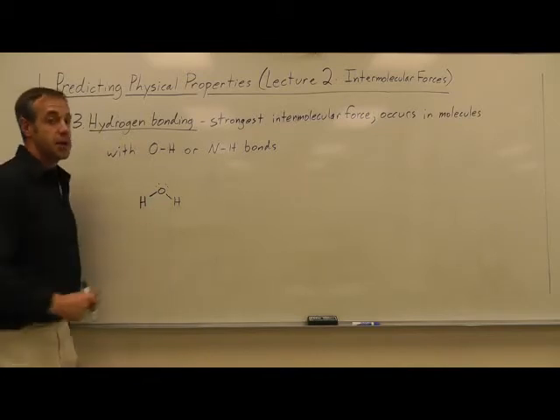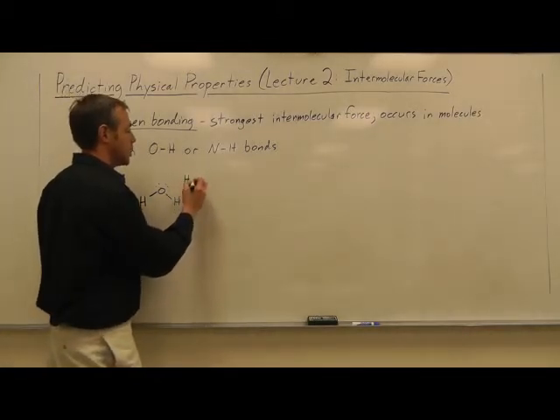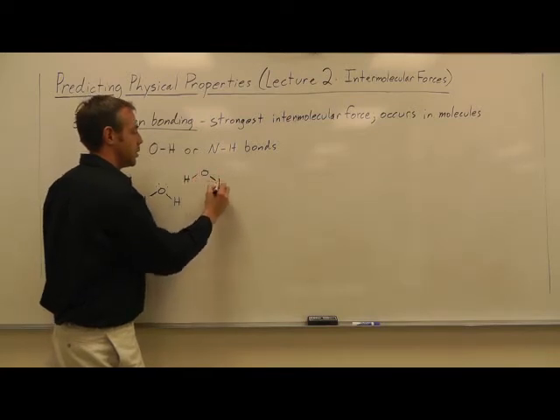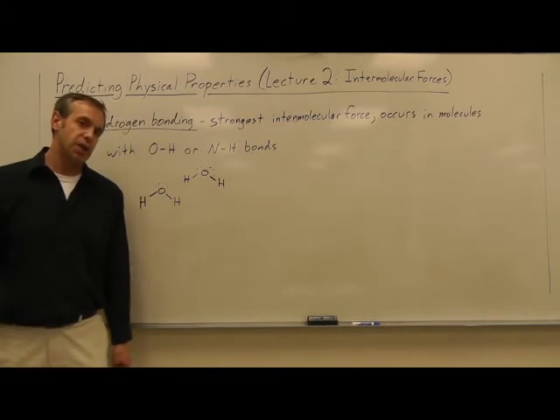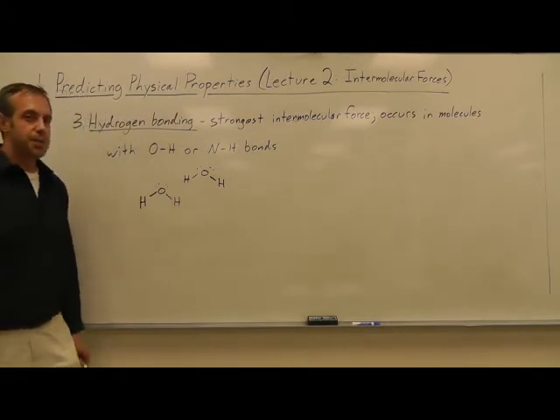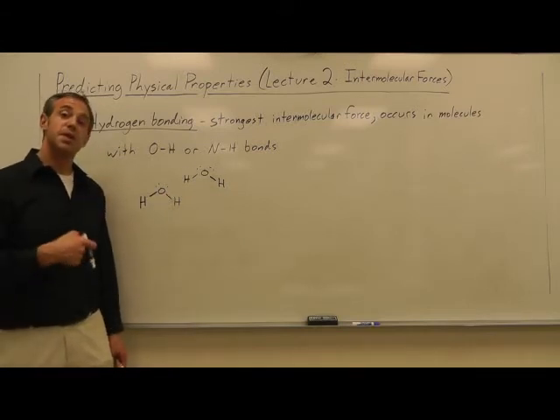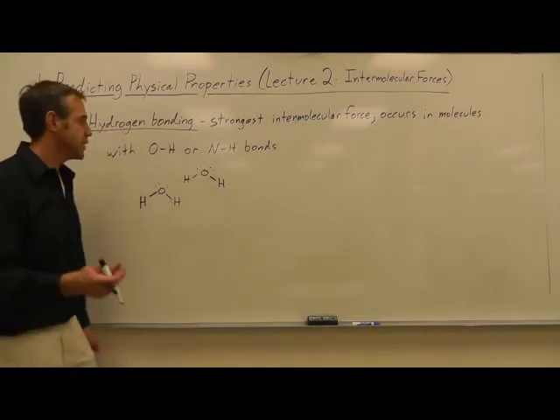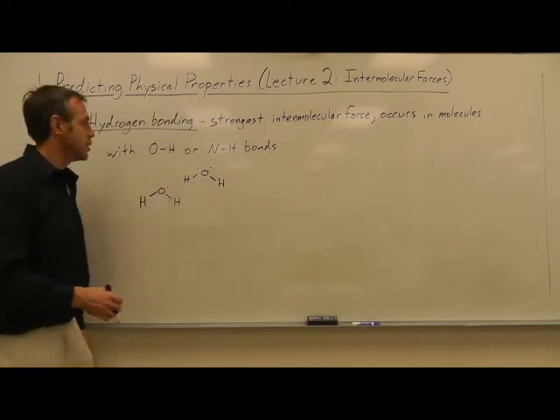If we have water, well, two molecules of water can interact through hydrogen bonding, and it's specifically oxygen and nitrogen because these molecules always have lone pairs of electrons. And so the electrons themselves, we know, are negatively charged.